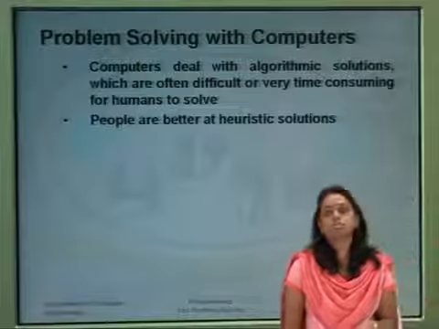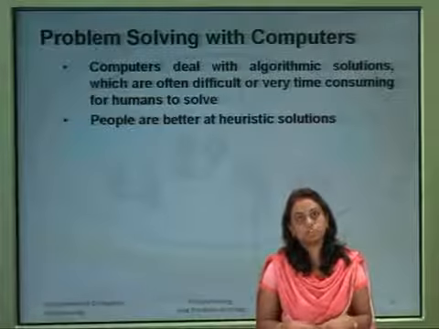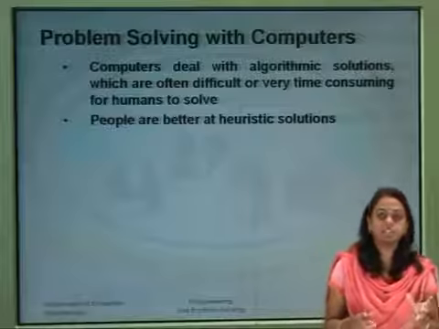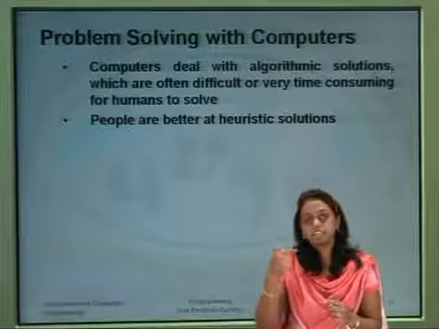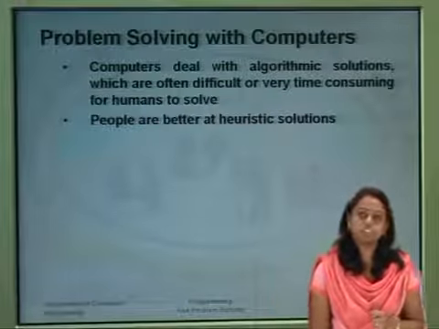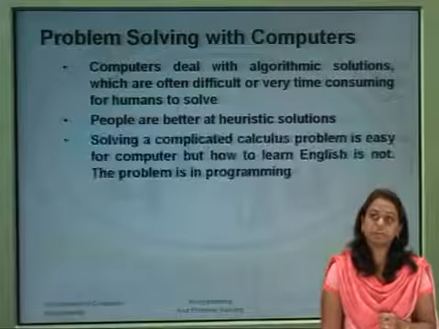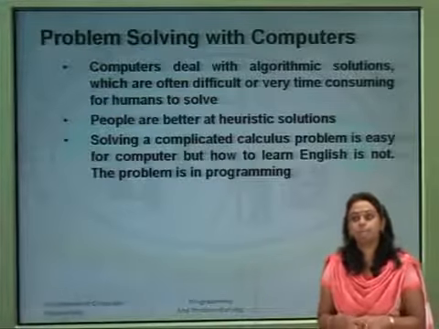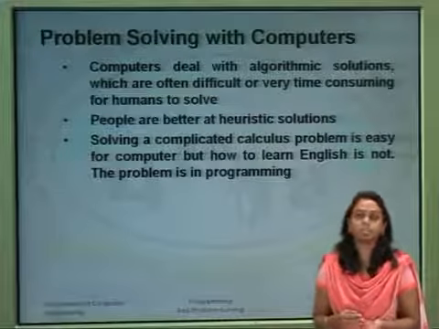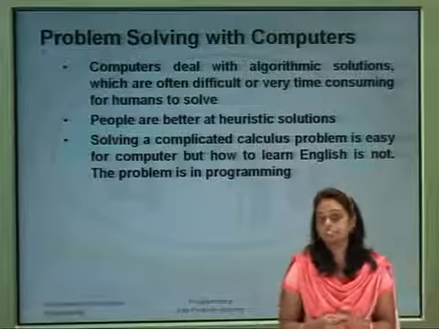And people are of course better at heuristic solutions, because a computer cannot think in multiple ways at the same time. It can go just one by one in a series of steps. For example, solving a complicated calculus problem is easy for the computer, but how to learn English is not.